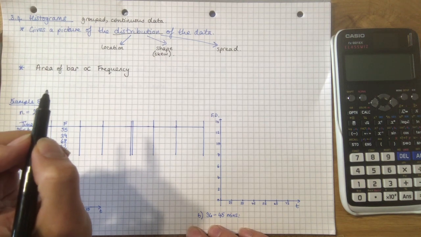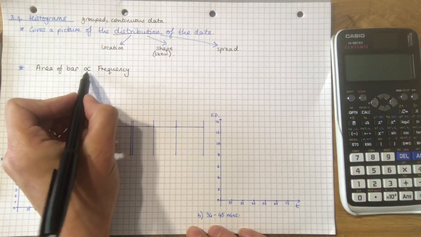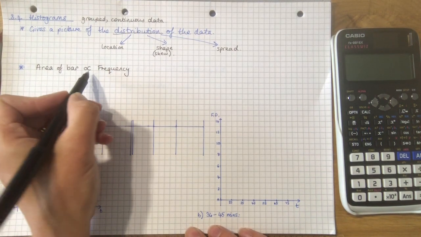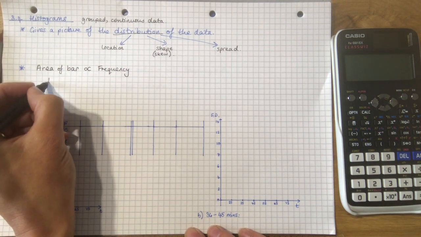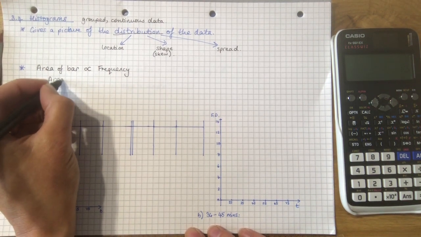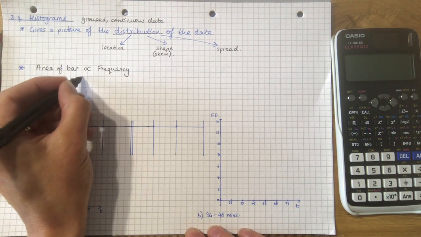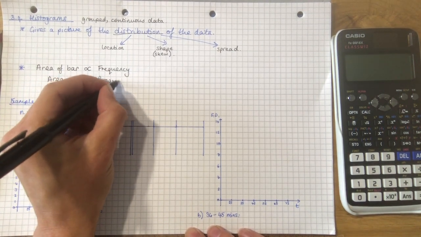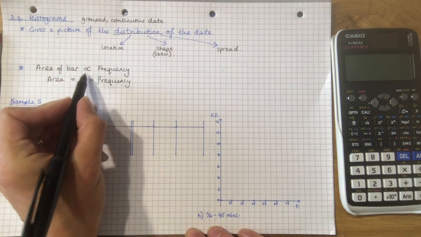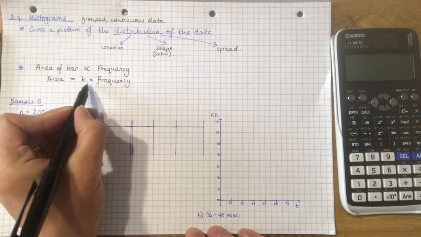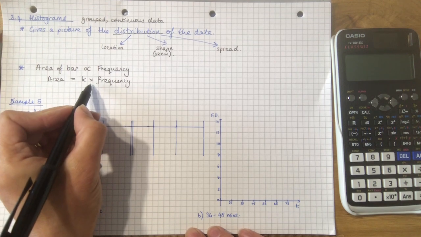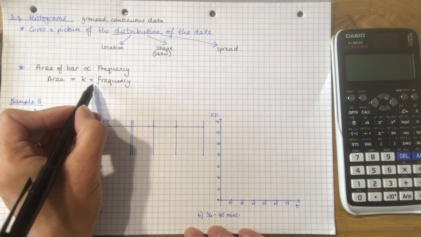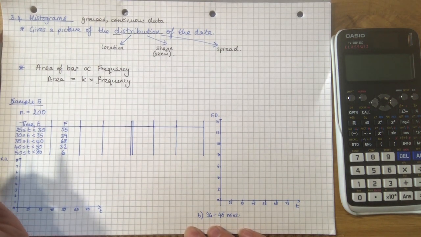But at A level, we introduce the idea of a scale factor, and that's why we use the proportionality symbol. So the area of a bar is equal to some scale factor times the frequency. You'll remember at GCSE replacing this proportionality symbol with equals k times, so that's not a new idea to you, but it is in the context of histograms.